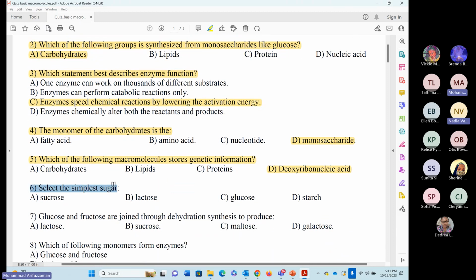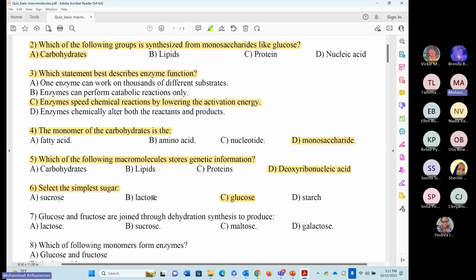Select the simplest sugar. Glucose. Now, we learn the classification of carbohydrates. Carbohydrates are classified as monosaccharides, and a monosaccharide is the simplest sugar. For example, glucose is a monosaccharide. A disaccharide means double sugar, like sucrose and lactose.